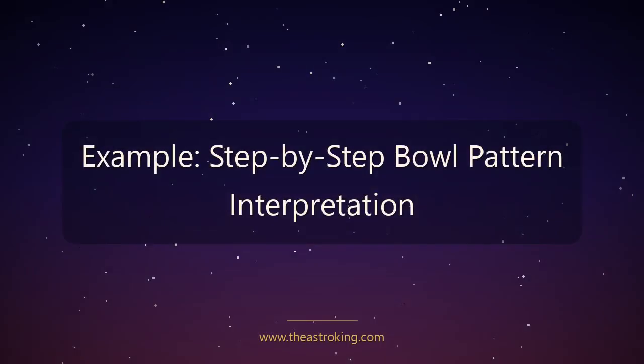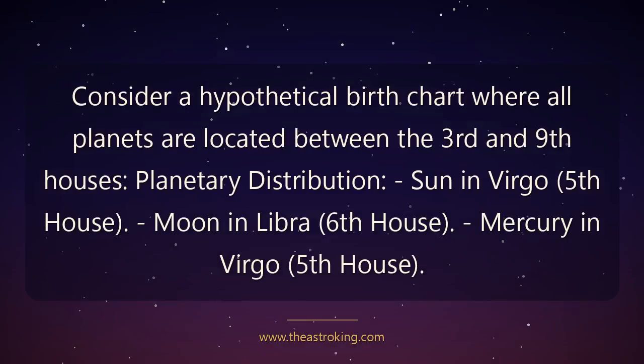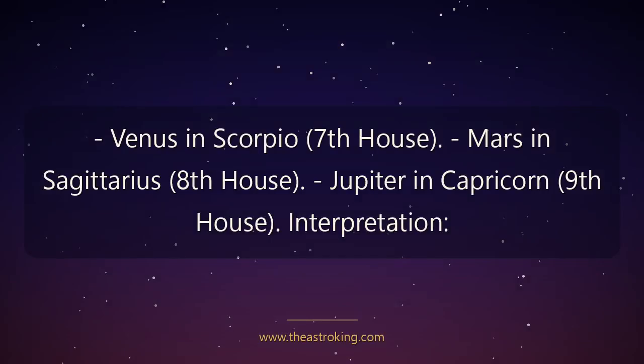Example: step-by-step bowl pattern interpretation. Consider a hypothetical birth chart where all planets are located between the 3rd and 9th houses. Planetary distribution: Sun in Virgo, 5th house. Moon in Libra, 6th house. Mercury in Virgo, 5th house. Venus in Scorpio, 7th house. Mars in Sagittarius, 8th house.